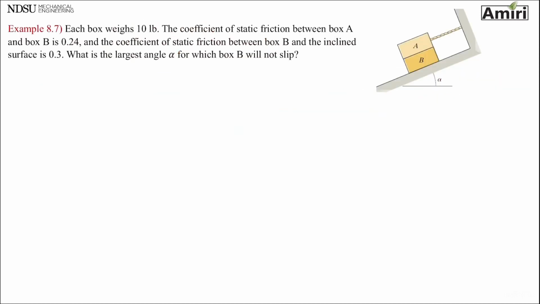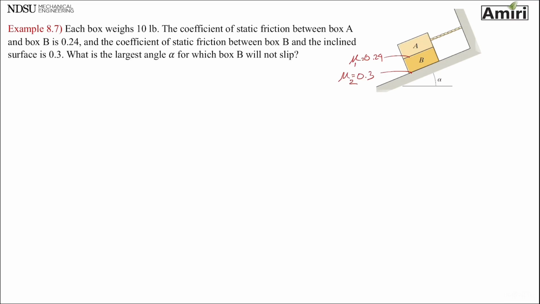Let's look at another one, which is similar, just a little bit different. Each box weighs 10 pounds. Coefficient of static friction between box A and box B is this much. Coefficient of static friction, so let me just write it here. Mu here is 0.24 and mu here is 0.3.